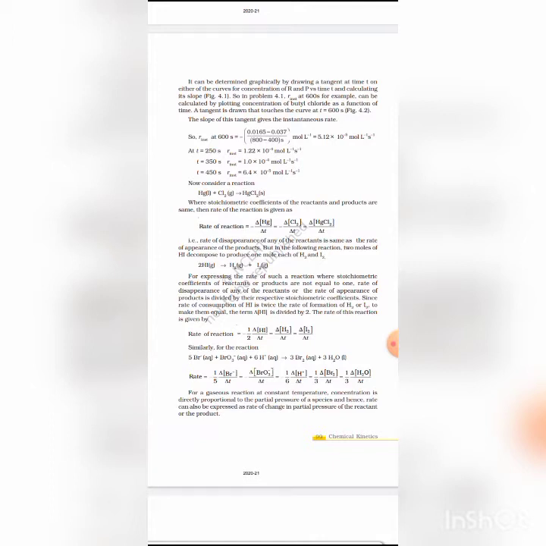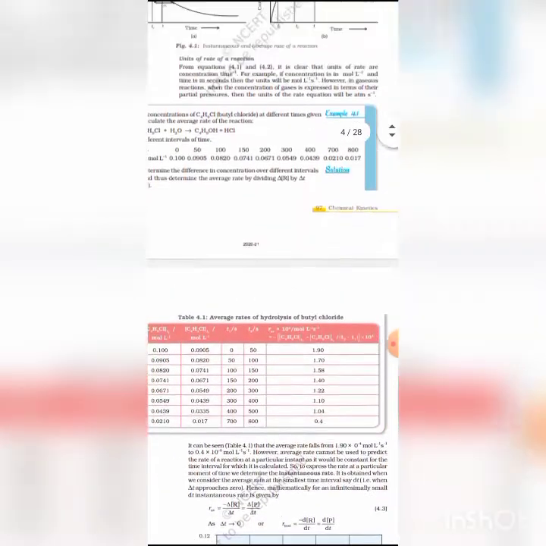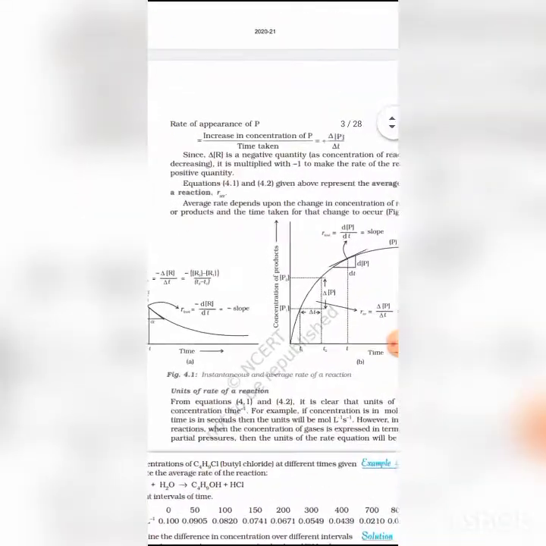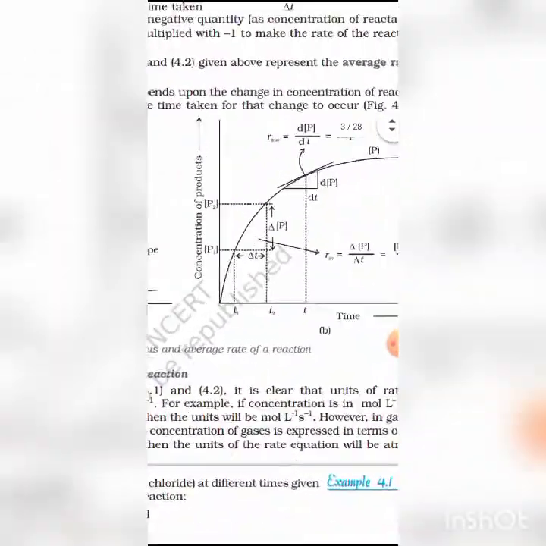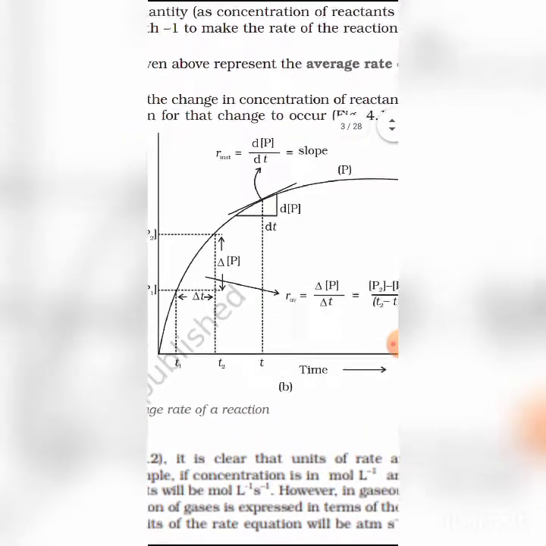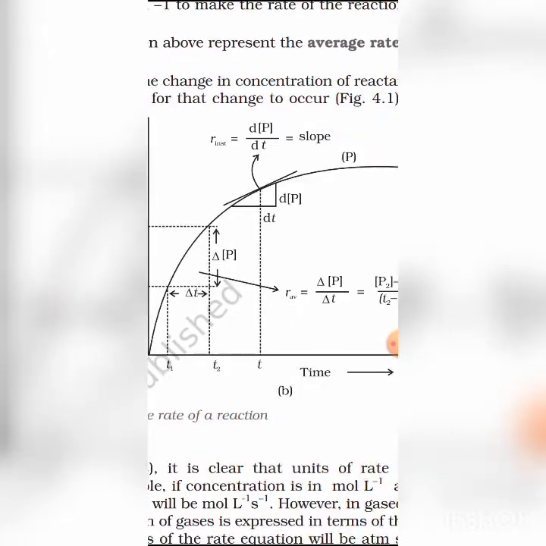Okay, an instantaneous rate can be determined graphically by drawing a tangent. Student, look at this picture. Instantaneous rate can be determined graphically by drawing a tangent at time t on either side of the curve for concentration of A or B versus time and calculating its slope.